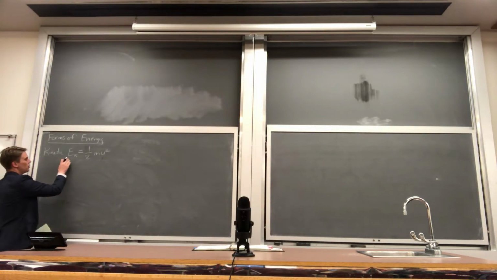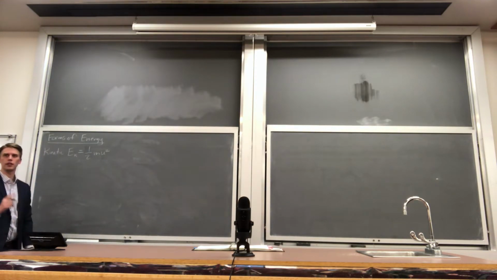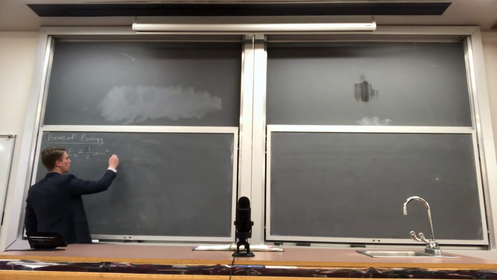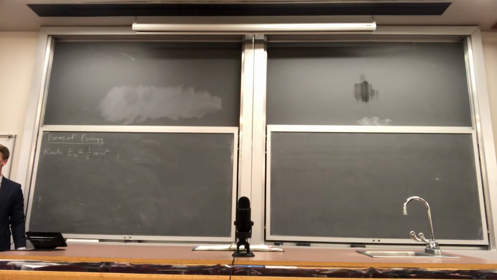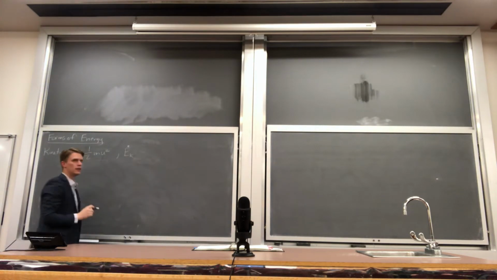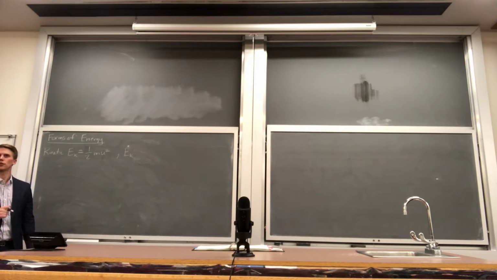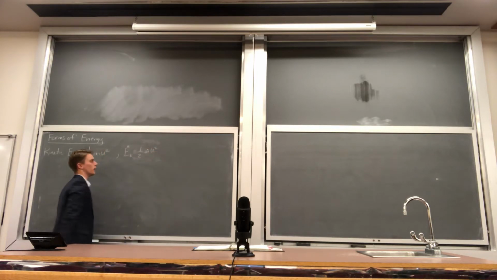Now this is the energy of a particle with mass m traveling at velocity u. What we are going to be most interested in though, however, is for an open system that is flowing. And so what we care about is generally the rate of energy transferring into or out of a system. And in this case here, we'll write this as 1/2 m dot u squared.